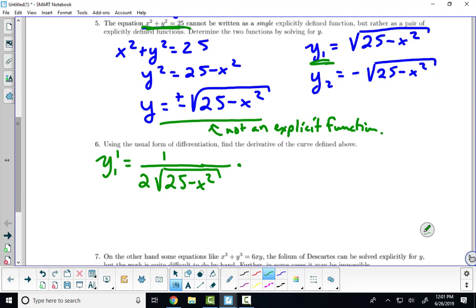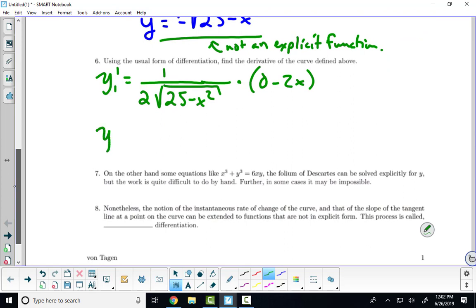What's the derivative of what's inside that expression? Yeah, I'll go ahead and write 0 minus 2x, just to remind you, because we haven't done a chain rule since Monday. Any questions on that? Okay. And so then what is y2 prime? It would be positive 2x.